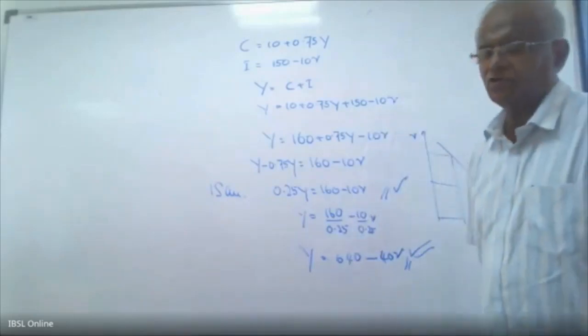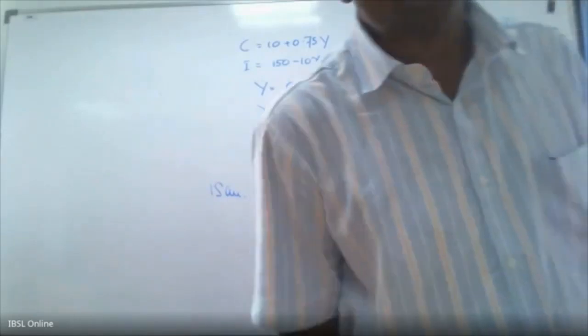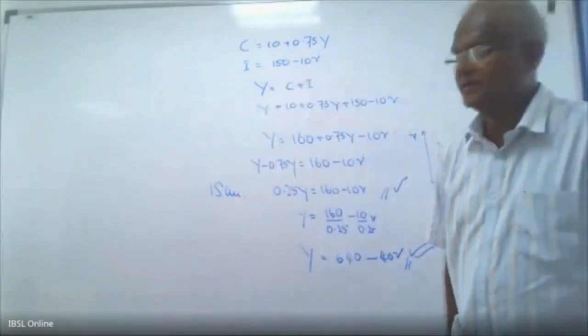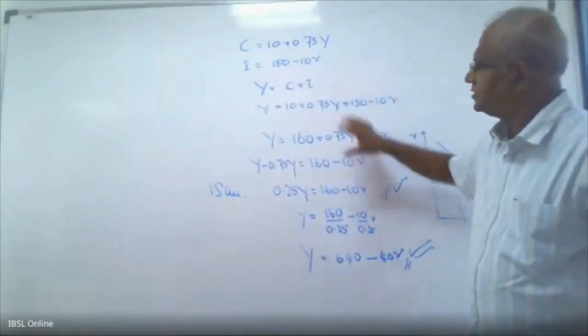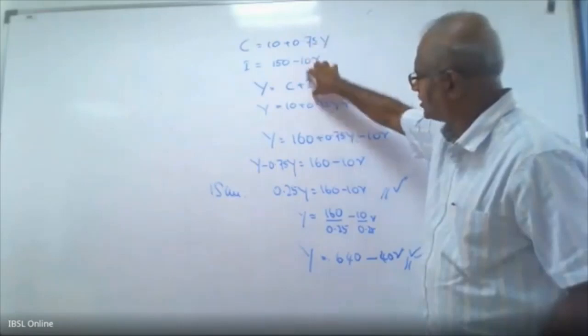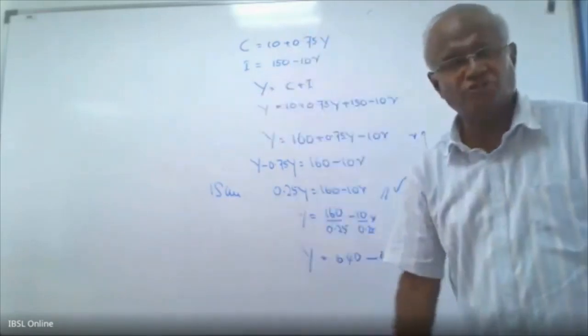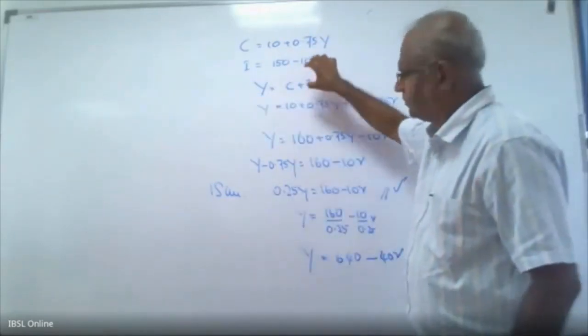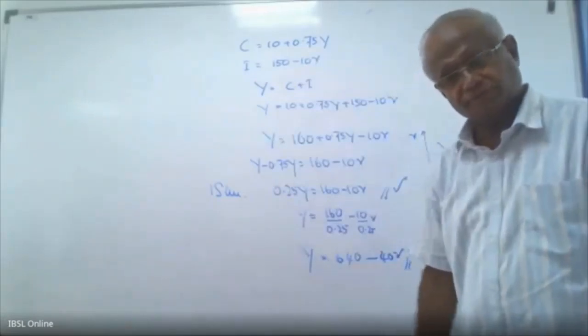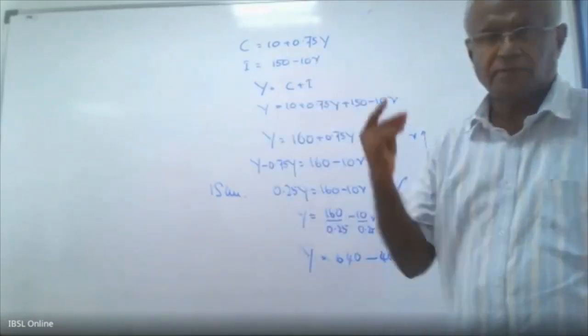For the second and third models, you can also derive the IS curve using these two steps. Y equals C plus I. This is the method for a simple model: a closed economy without government, no G, no X minus M. It's not an open economy. Now we have a basic idea of what the IS curve is.